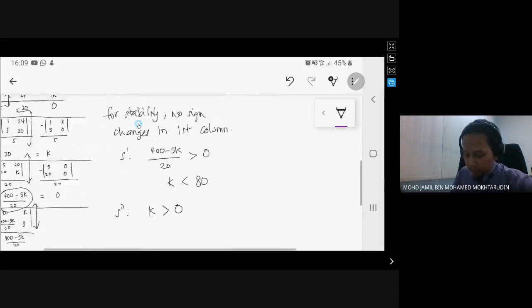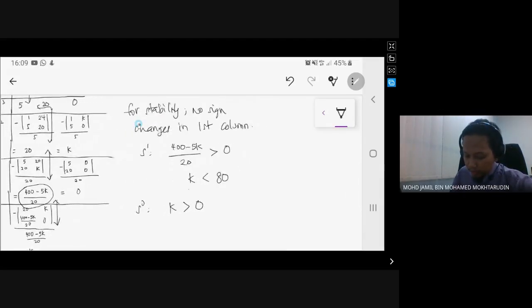And then after that, you get two ranges here. So you need to combine them together. So K must be bigger than 0, and K must be less than 80. So therefore, this is the range for stable system.